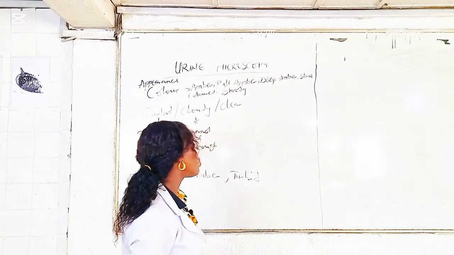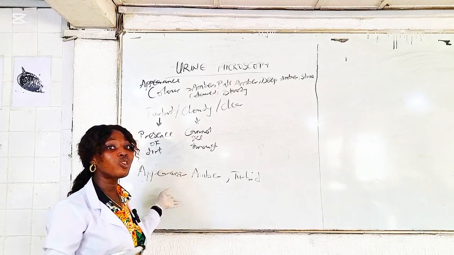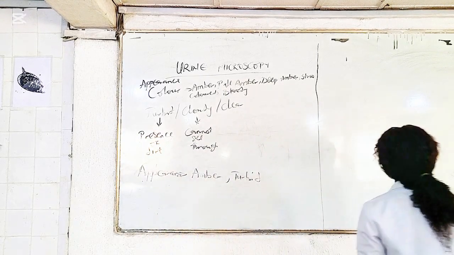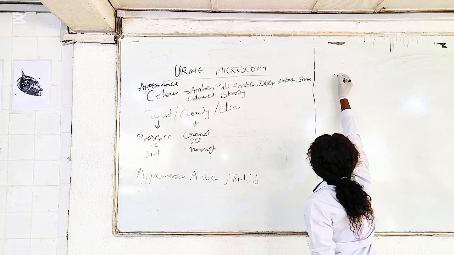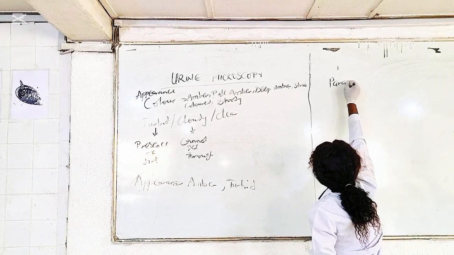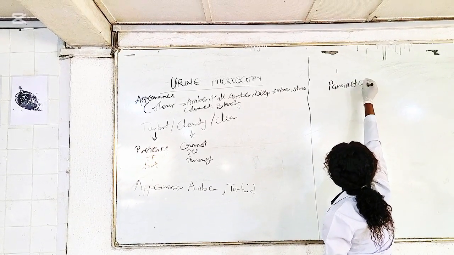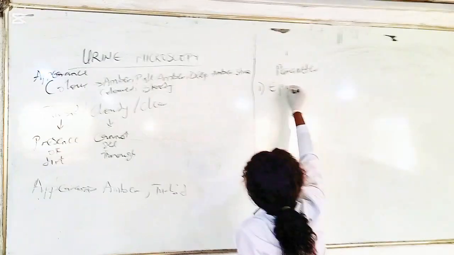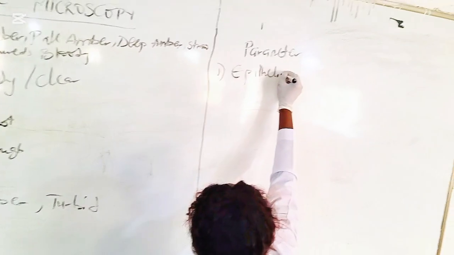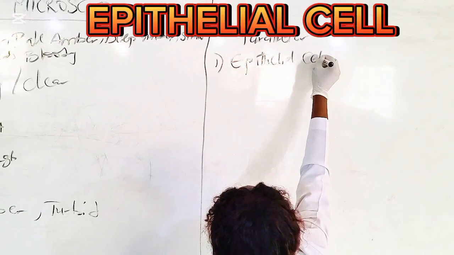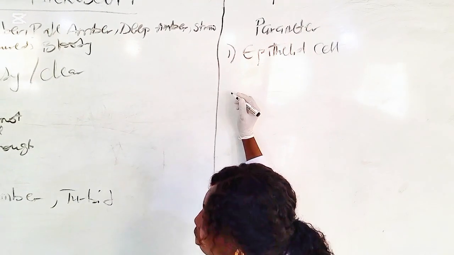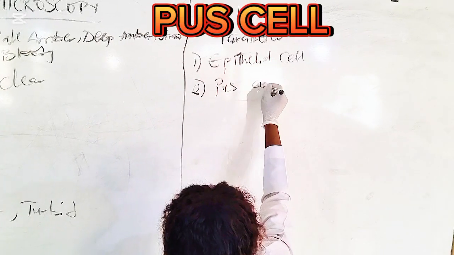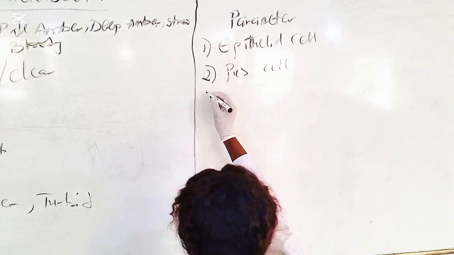Now, I would like us to know what we are expecting to see before we look at the particles under the microscope. What are the likely things that we are expecting to see in urine microscopy? First of all, you can see epithelial cells. You can also see pus cells.